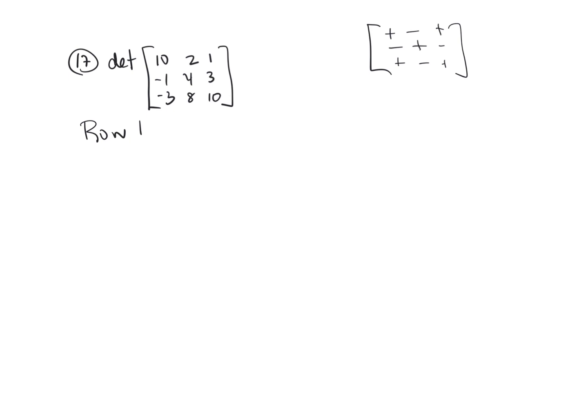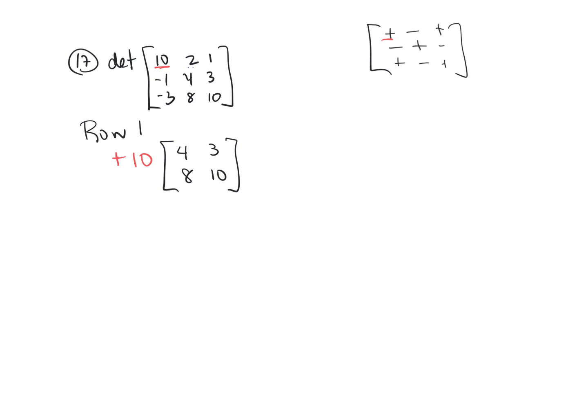Most people will pick row 1 when they don't know, so I'm going to do the same thing. Now, if I pick row 1, let's see, for my 10, I will have a positive 10. And if I cross out my row 1, column 1, 4, 3, 8, 10 is what I have left over.